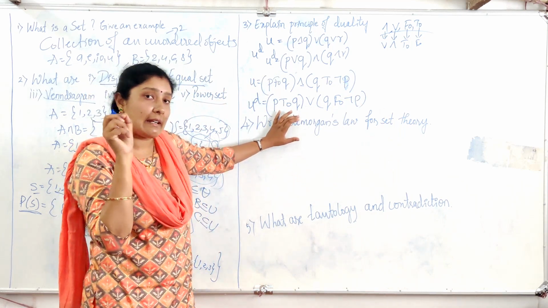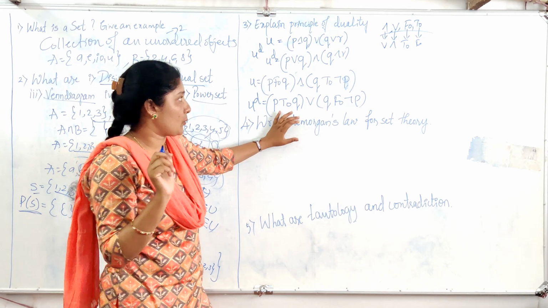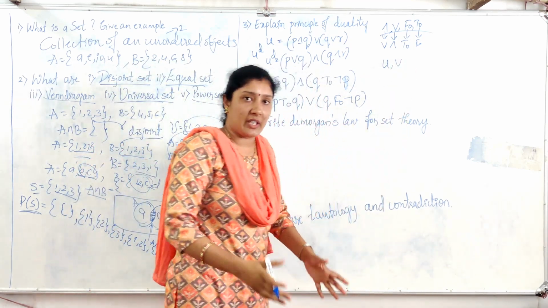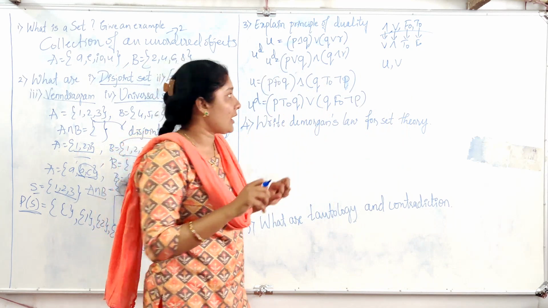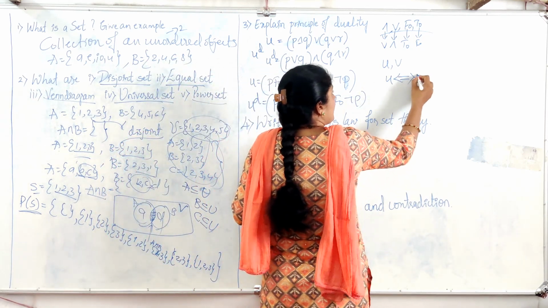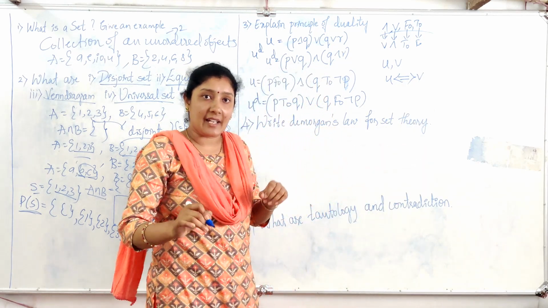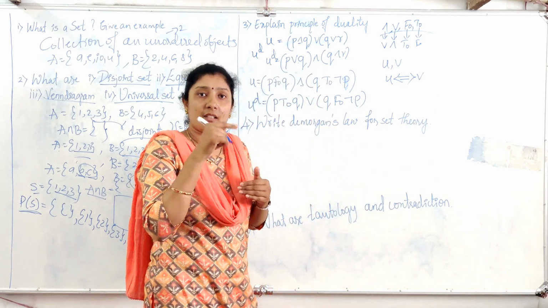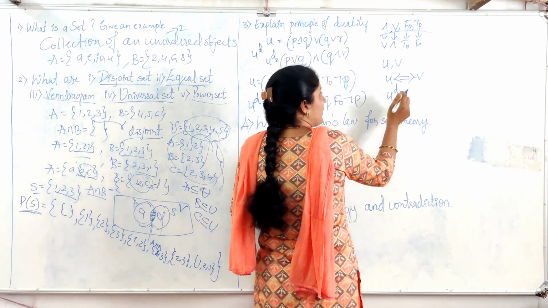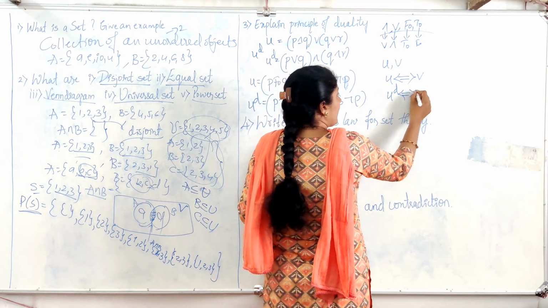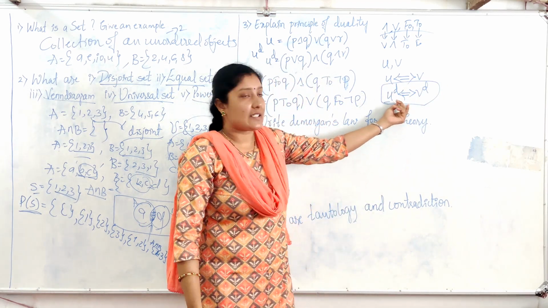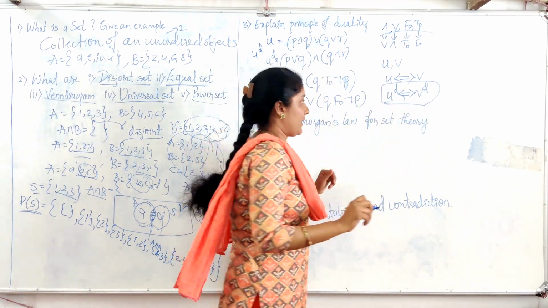Now what is exactly the principle of duality that I tell you? If two compound propositions we have U and V, okay, if U and V are logically equal, then their dualities are also logically equal. That is, duality of U is logically equal to duality of V. This is called the principle of duality.